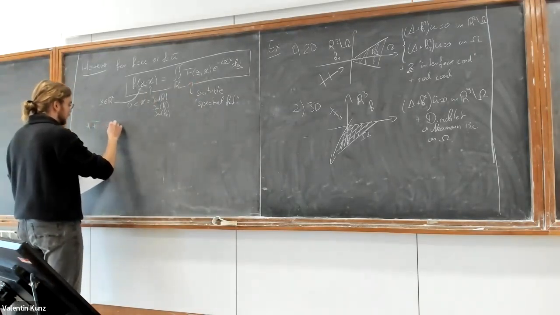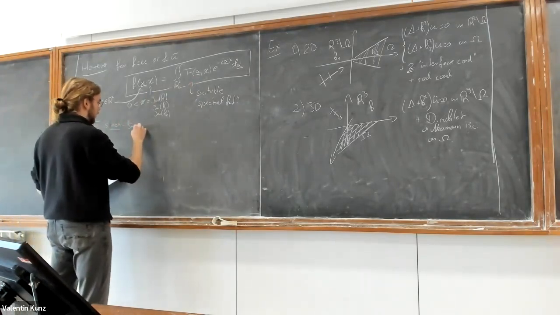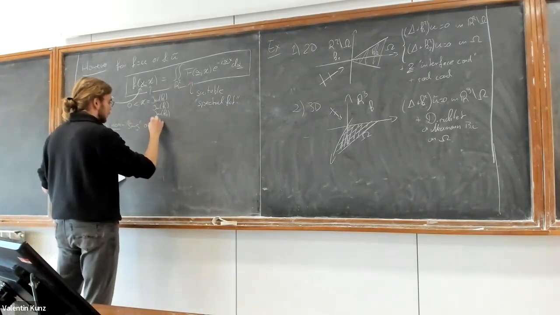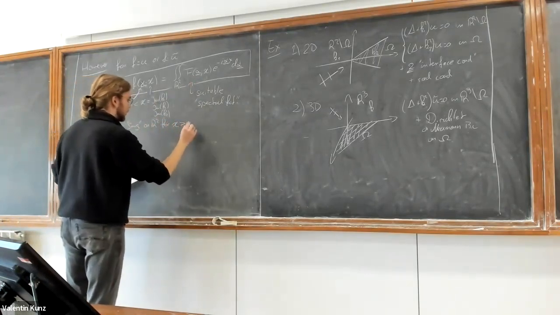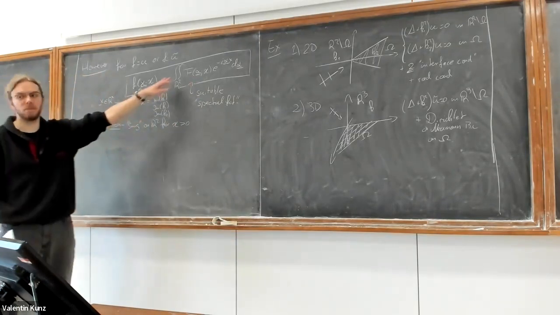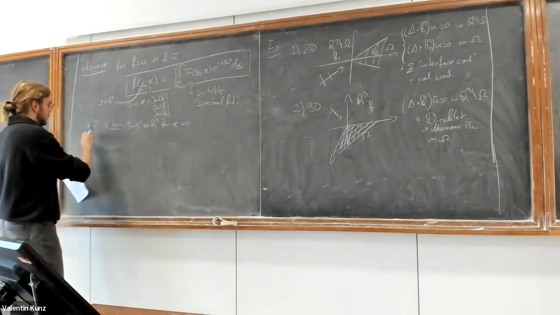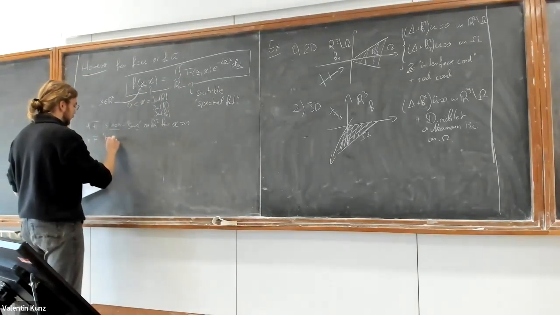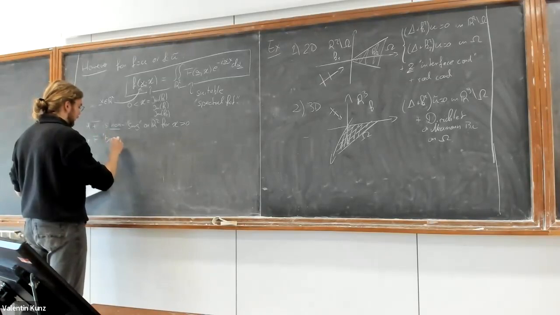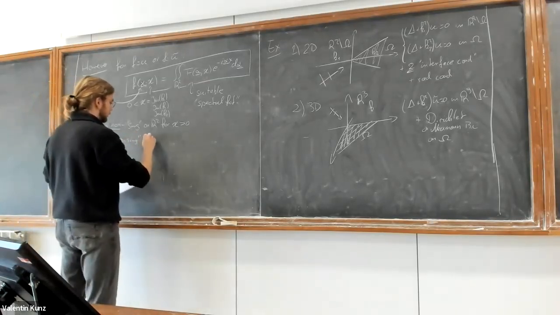F is non-singular on R squared for the imaginary part equal to 0. So we can assume that this expression makes sense, even if we don't exactly know what that is. But in some sense, it becomes singular.